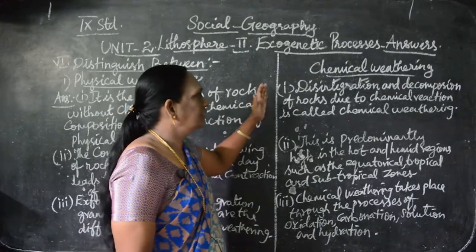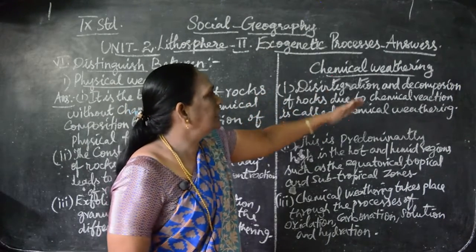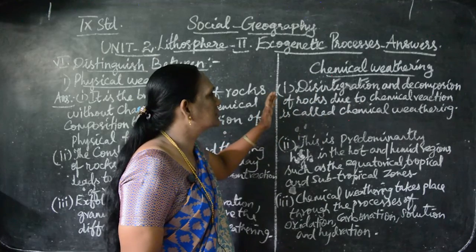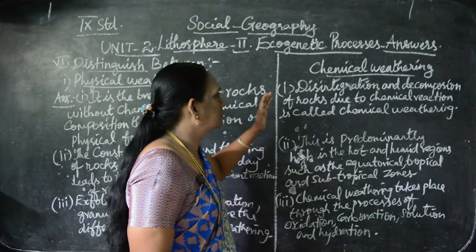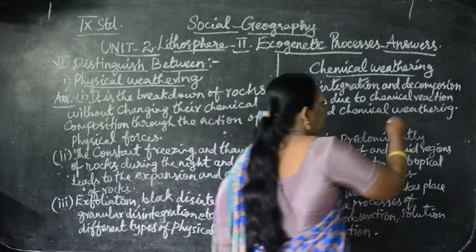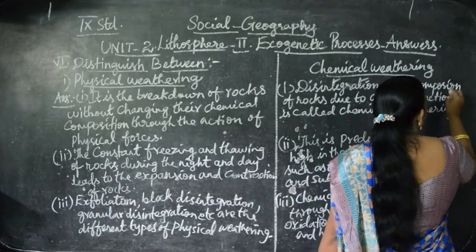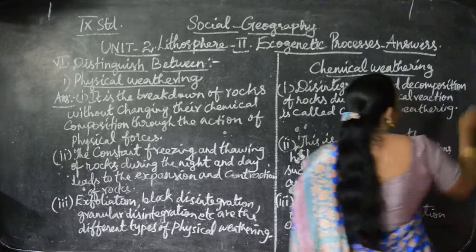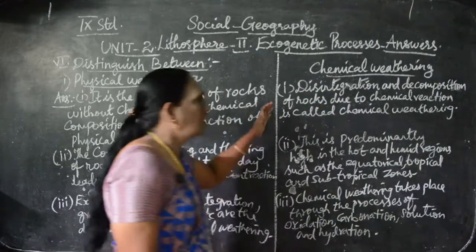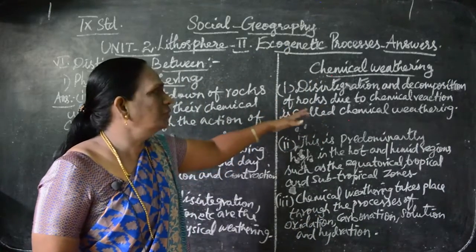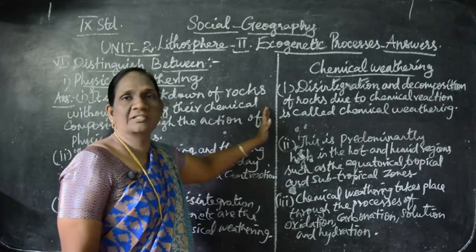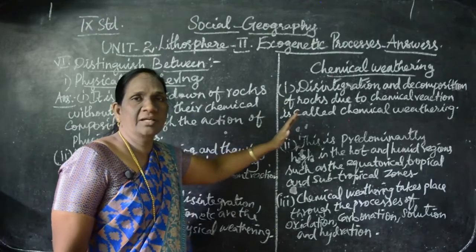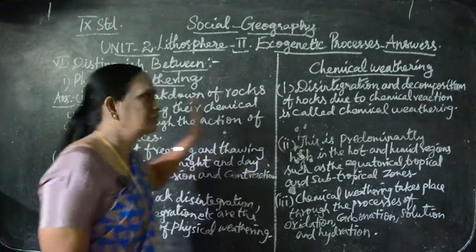Chemical weathering, disintegration and decomposition of rocks due to chemical reaction is called chemical weathering. Can you able to see?